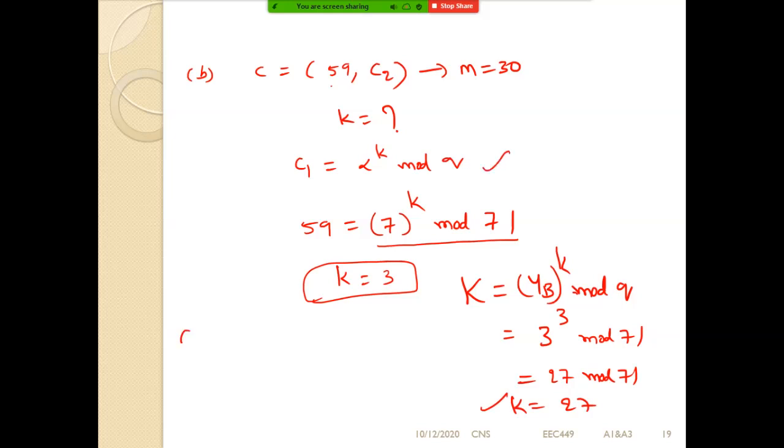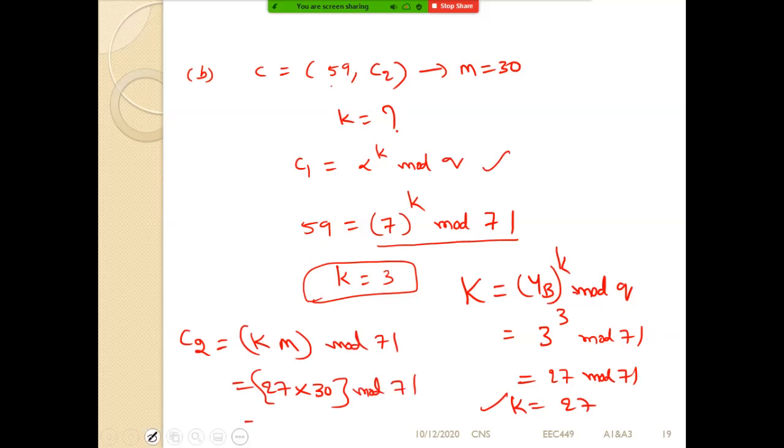So now C2 is what? Capital K m mod 71. So what is capital K? 27 into 30 mod 71. So what is the value? Please tell me. 810 mod 71.